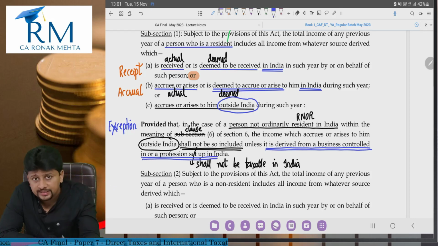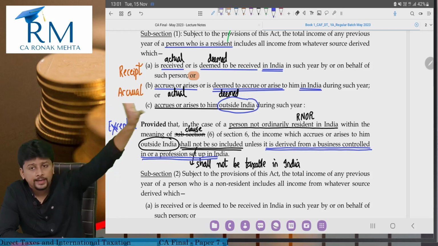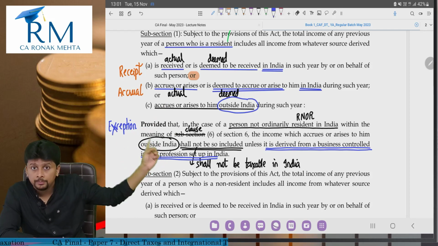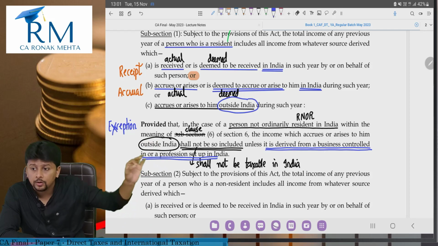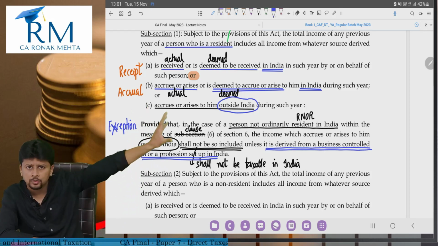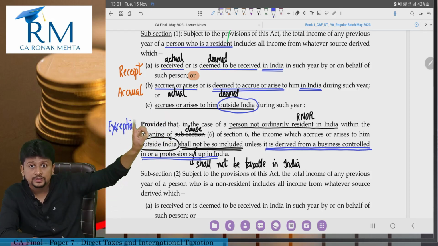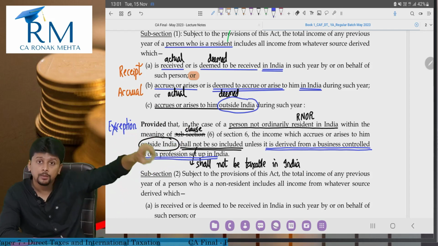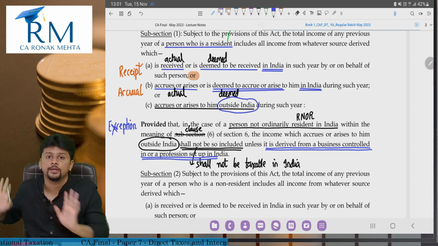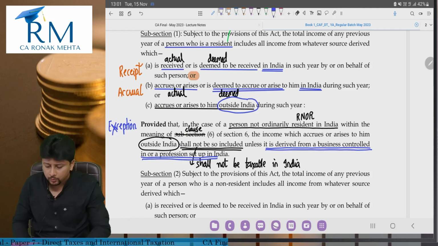So if you are a resident but not ordinarily resident, then income accruing outside India is not taxable in India unless and until it is from a business which is controlled in India or a profession which is set up in India. Then the income is taxable. Even if it accrues outside, it is taxable in India. But if the business is controlled outside and the income accrues outside, it's not taxable for a resident not ordinarily resident. Okay. Now, sir, what is this exactly?